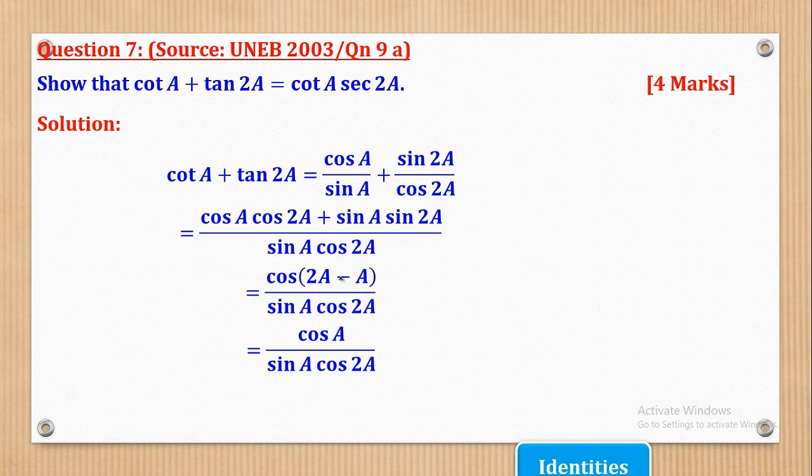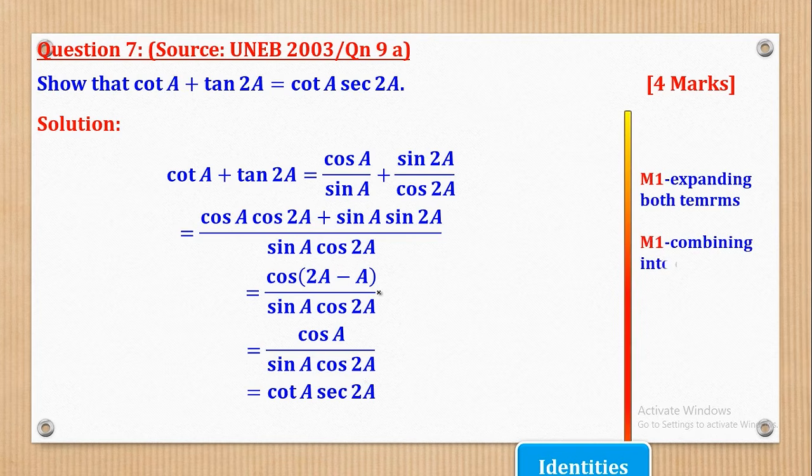So here, if you use A minus 2A, I would have got cos negative A. Then you remember that cos negative A is equal to cos A. So it is all the same. Then from there, this and this gives you cot, and the reciprocal of cos is sec. So basically that's what they wanted.